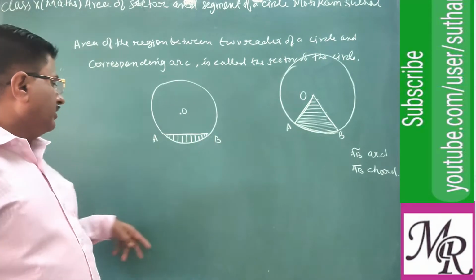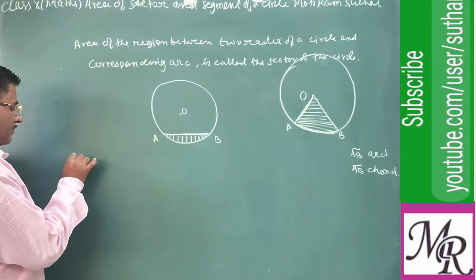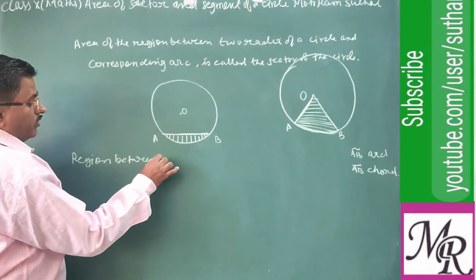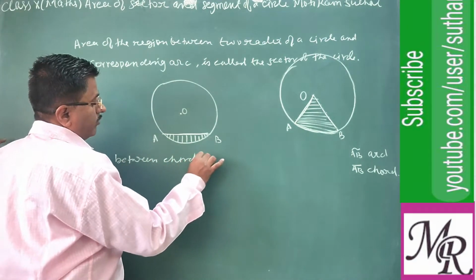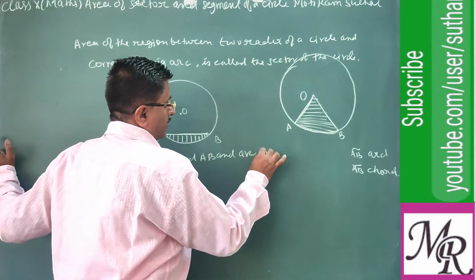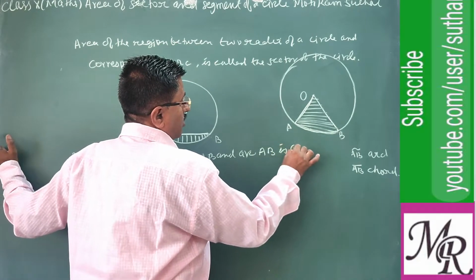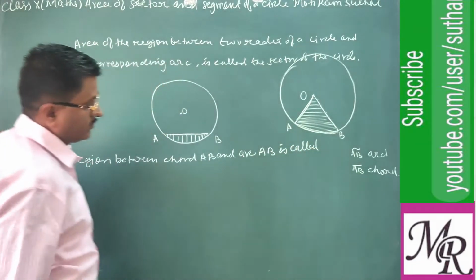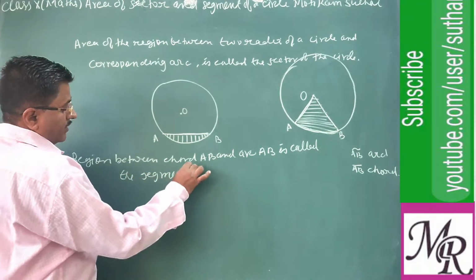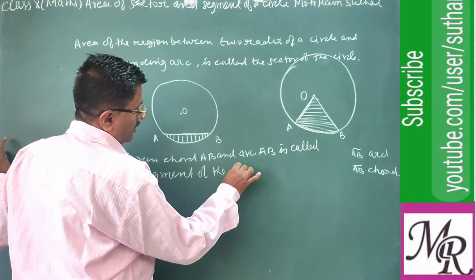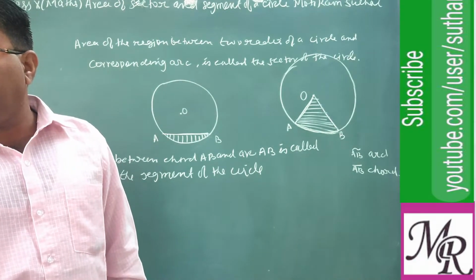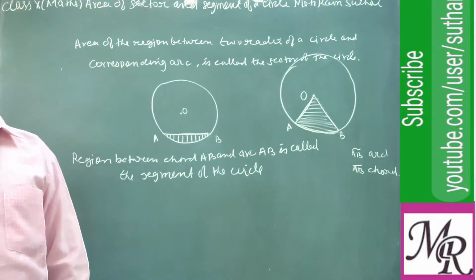So the region between chord AB and arc AB is called the segment of the circle. Clear?